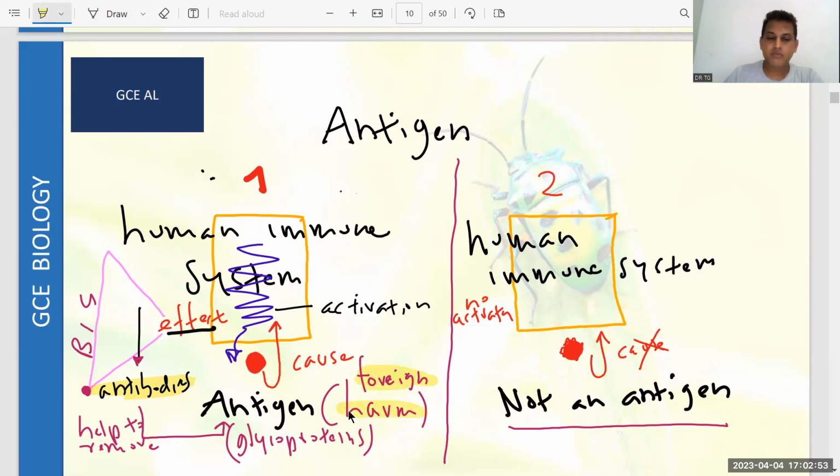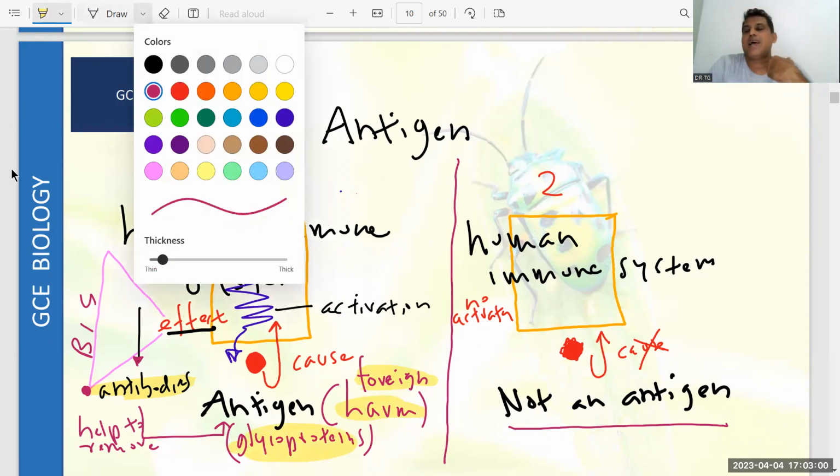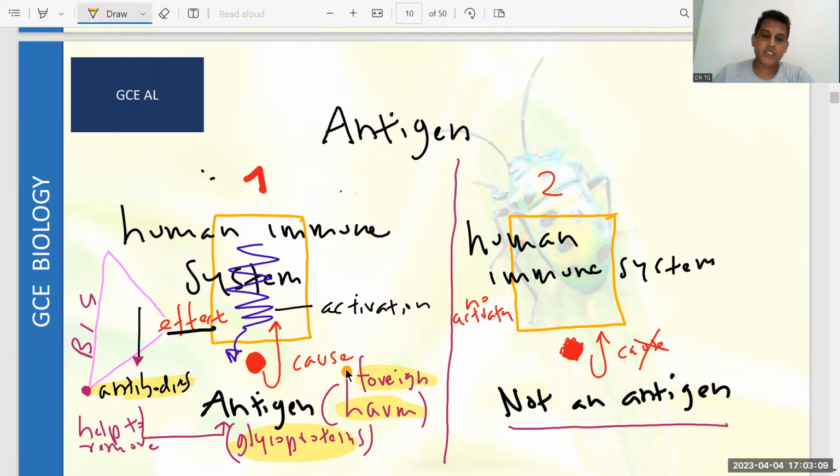It should be harmful, and it should be mostly glycoproteins. To become an antigen, several criteria must be fulfilled: it should be foreign, it should be harmful to the body, and it should be a glycoprotein.